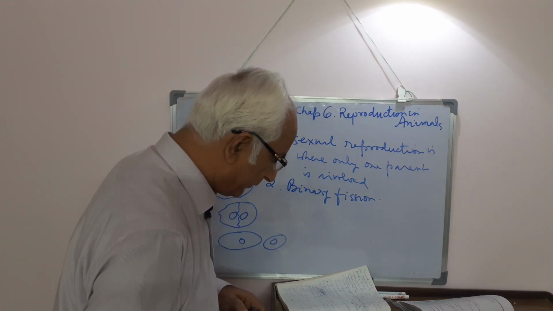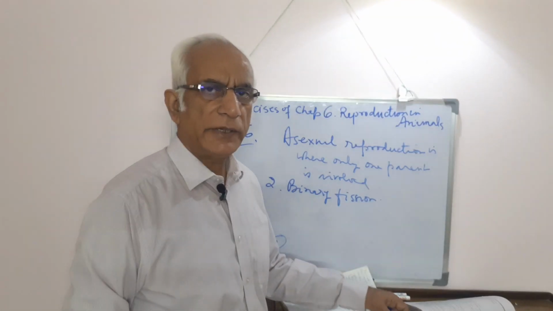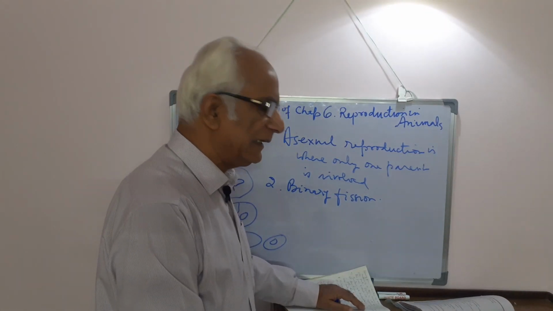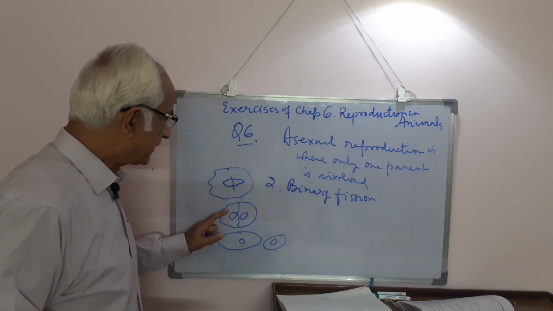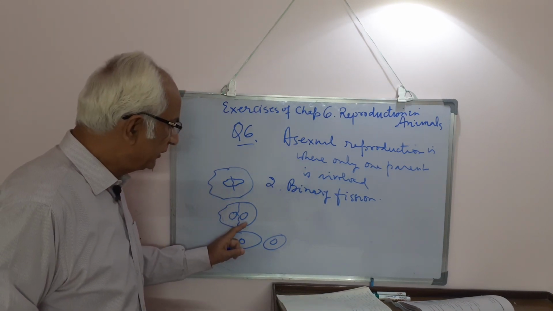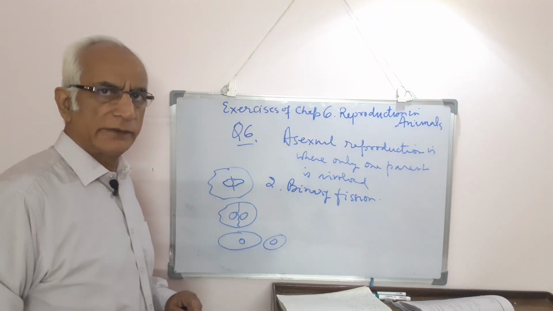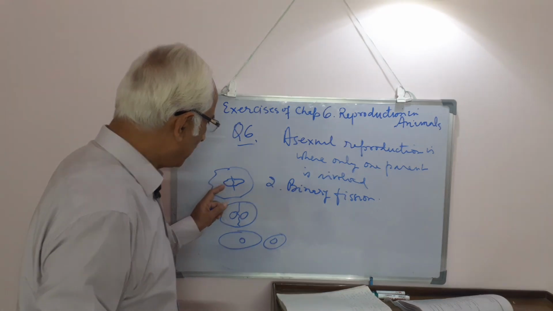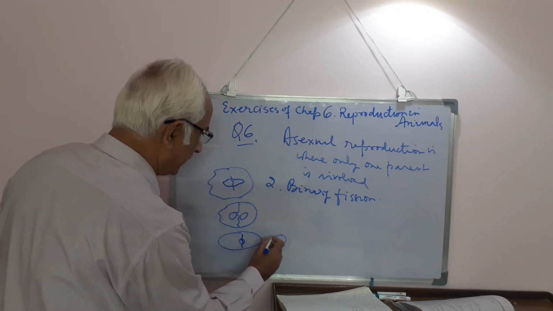In binary fission, what happens is that the nucleus of the cell becomes slightly large and then it splits into two parts, and then eventually the organism will split into two organisms. So there was one cell and they become two cells, and then two cells will become four cells.